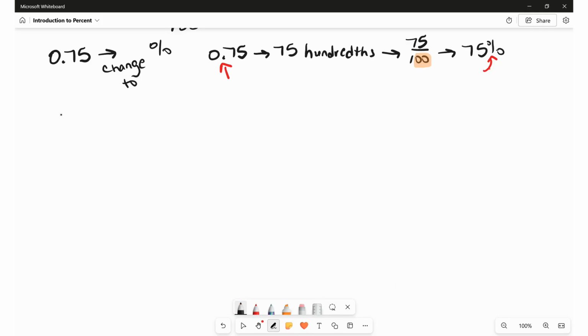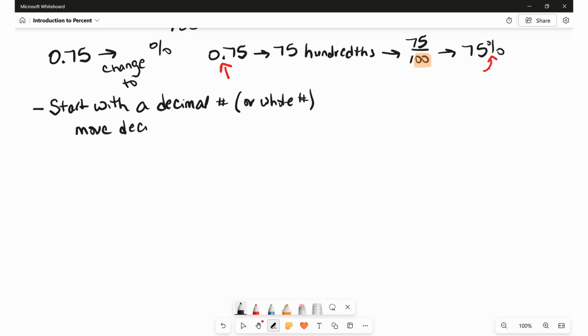So here are the rules. If we start with a decimal number, or a whole number, which is also a decimal number, you move your decimal point two places right.